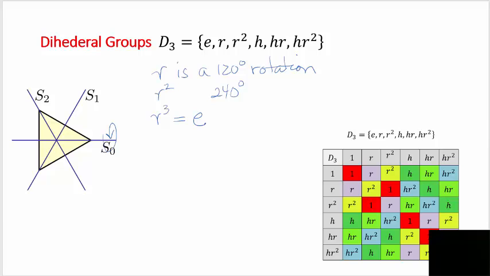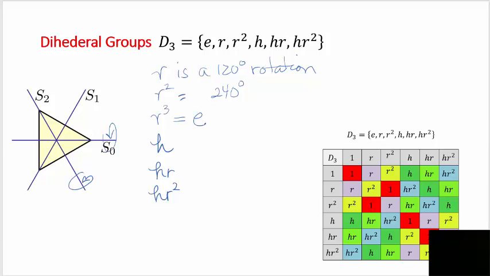If we call one of those reflections, and it doesn't matter which one, let's just call one of them H, then if H happens to be the reflection around S0, then HR and HR squared are the other 2 reflections, one about the line S1 and one about the line S2. And you can see that there are only 3 lines of symmetry and 3 rotations that would map the triangle back onto itself. So that's how we get the 6 elements of D3.